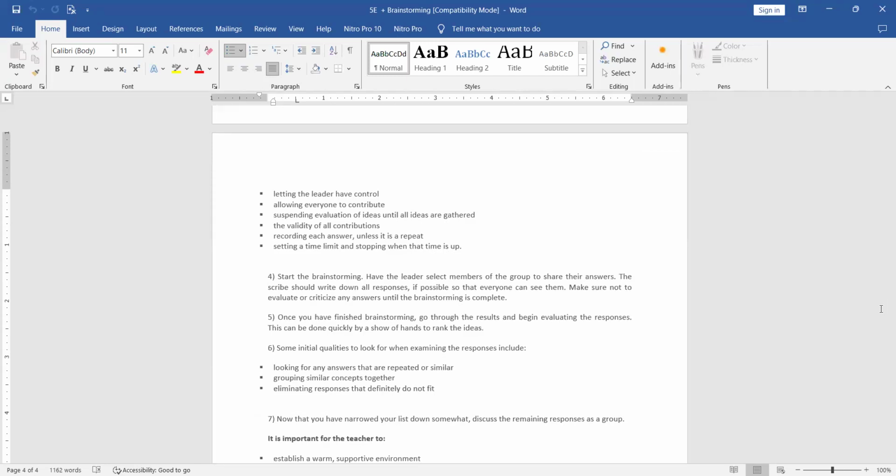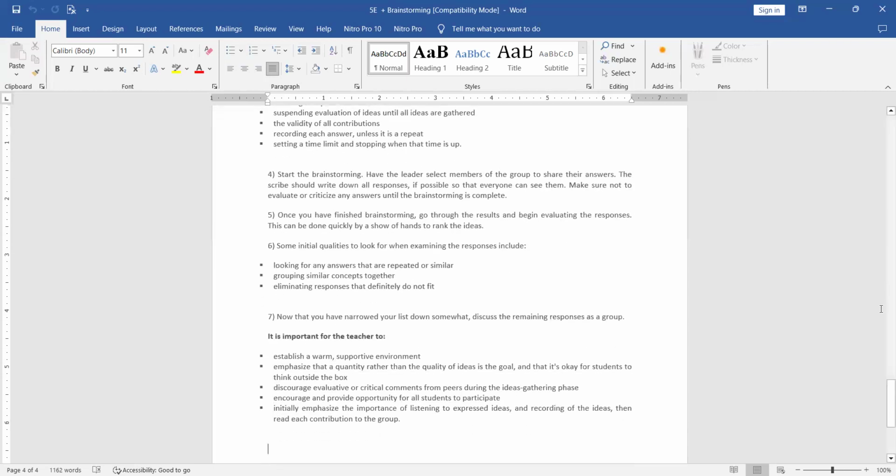This can be done quickly by a show of hands to rank the ideas. That means after the brainstorming session, you have to lead a discussion and sort it out: relevant, irrelevant, the most important and the least important, right and wrong, etc. Okay, that is how a brainstorming is conducted.